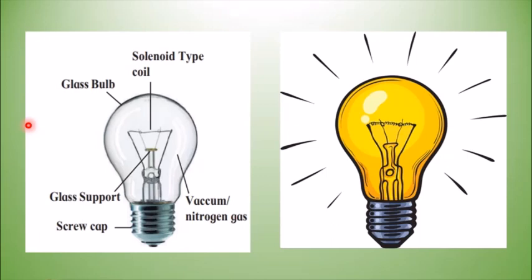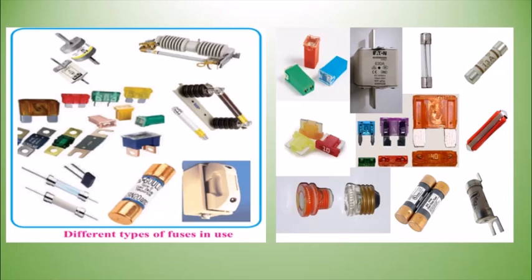But after some time, if there is more current than the tungsten coil can handle, it might get burned, and that is why we say that the bulb has fused.